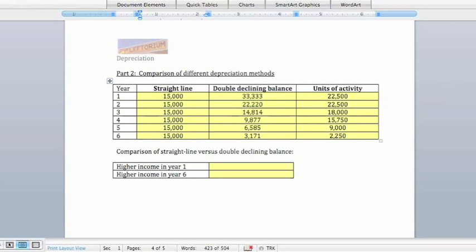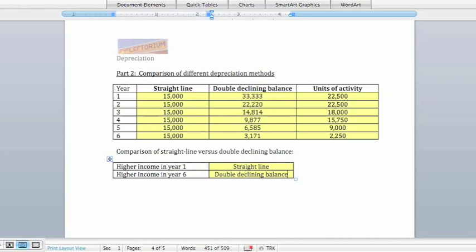And so what we see is that based on that fact, income is actually going to be higher in year 1 under the straight line method, but income is going to be higher under the double declining balance method in year 6.